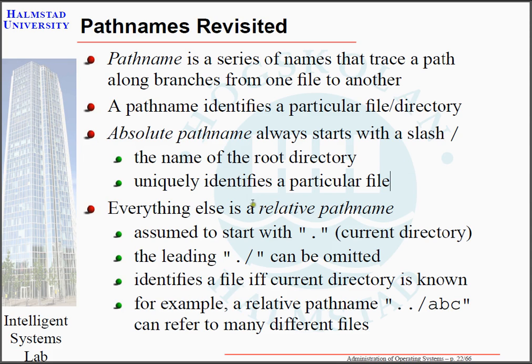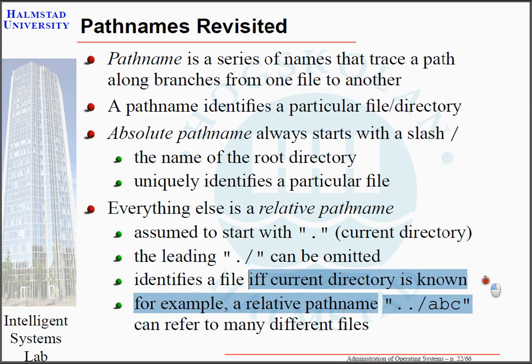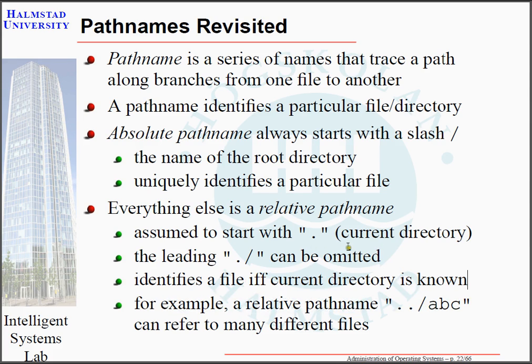Now, every other path name is called a relative path name. They are assumed to start with dot, the current directory, and you can omit the leading ./ because it's clear that that's what you mean. Those identify a file if and only if the current directory is known. So if you are in a particular directory, a relative path name uniquely identifies a particular file.